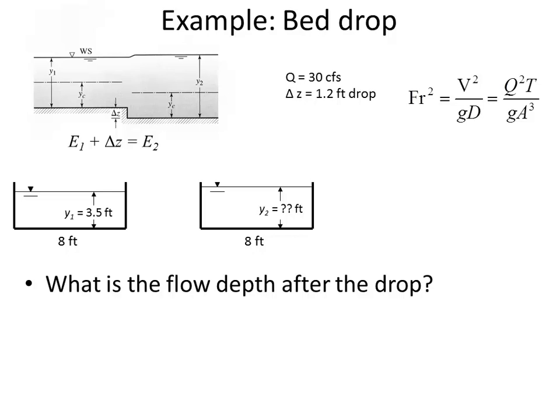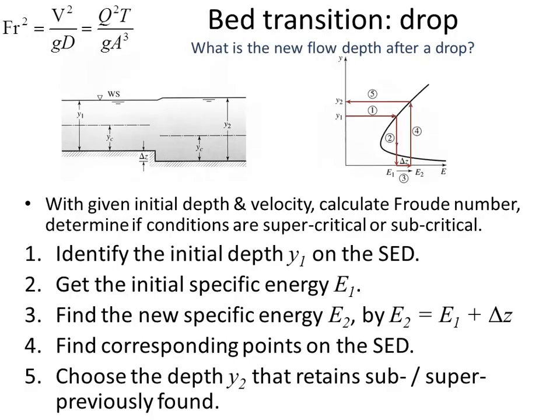Okay, and so the energy at 1 is, let's go back to our slide previously. It says energy at 2 is energy at 1 plus delta Z. So the other way to write that is the energy at 1 is energy at 2 minus delta Z. Or I guess really what we're trying to find is what's going to be the new depth.